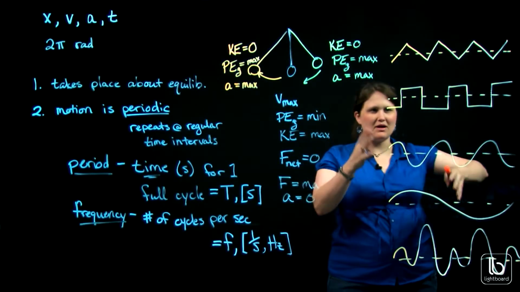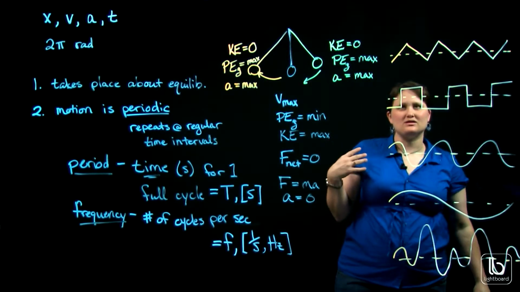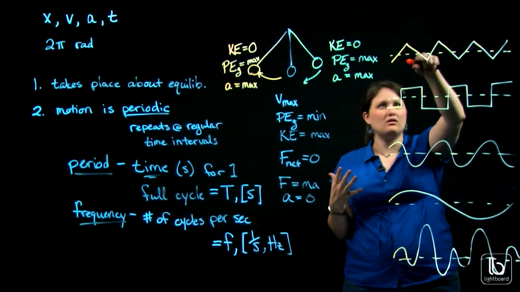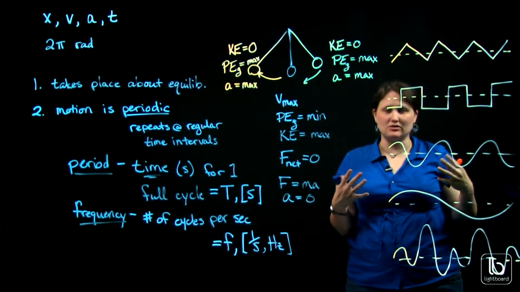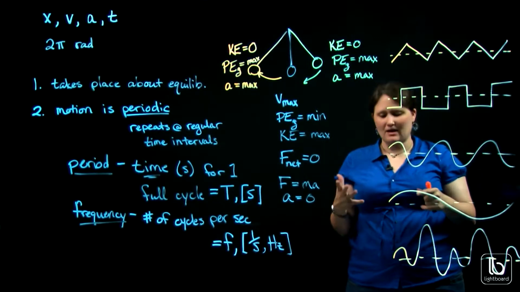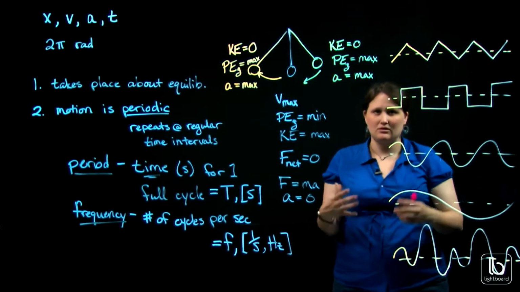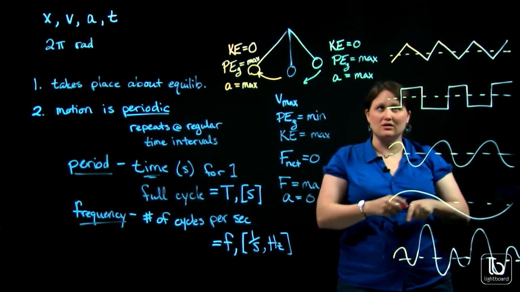Okay, so let's compare and contrast these waves here, these oscillations. They all go back and forth across some equilibrium position. And so they all have a period.